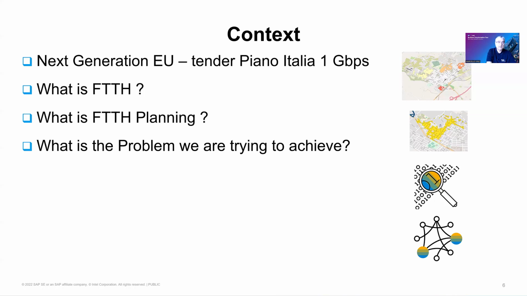So what is the problem that we are trying to achieve? The problem is that when you bid for a tender and you need to maximize the profits in your calculation and estimation of costs, you need a powerful geospatial environment.